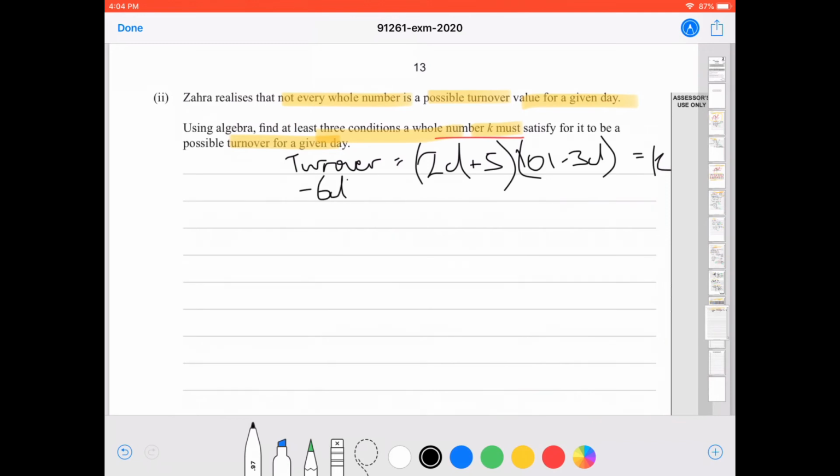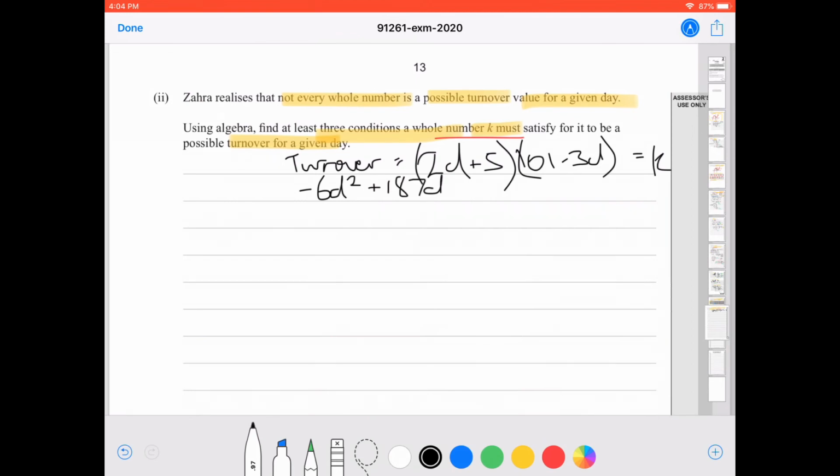6d squared. I'm writing it in quadratic form, ax squared plus bx plus c. Plus 187d.